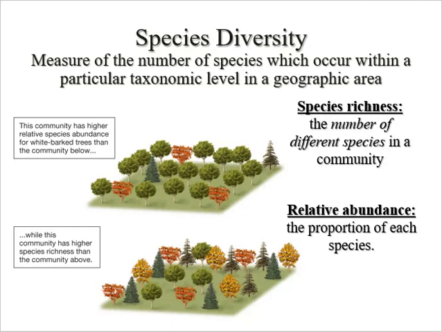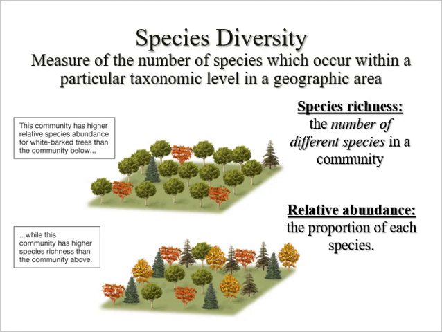Well, species richness describes the number of different species present in a community or within a given area. Right? So in general, the greater the number of species you have in a community, the higher the species richness.